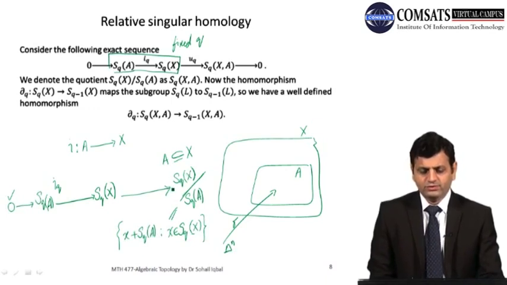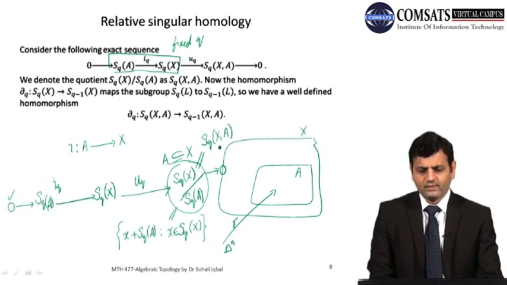That's why this is an onto map: there is an onto map from S_q(X) to this module, so we have a 0 on this side. That's why we have this short exact sequence.